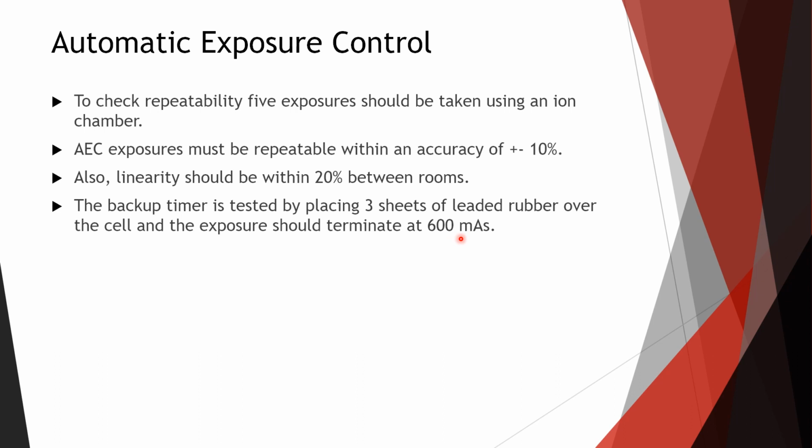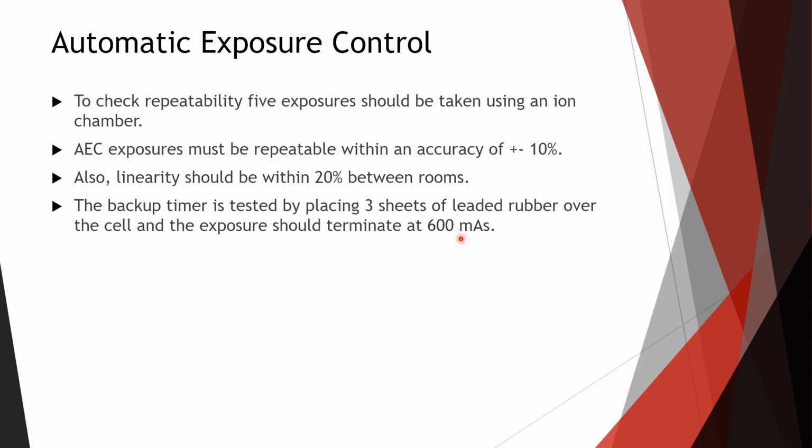That may be the set limit of rooms nowadays, 600 mAs, and that can protect the patient from overexposure. And also, which doesn't happen much in DR anymore now, but in film or in CR possibly still, where you have the chest bucky selected instead of the wall.